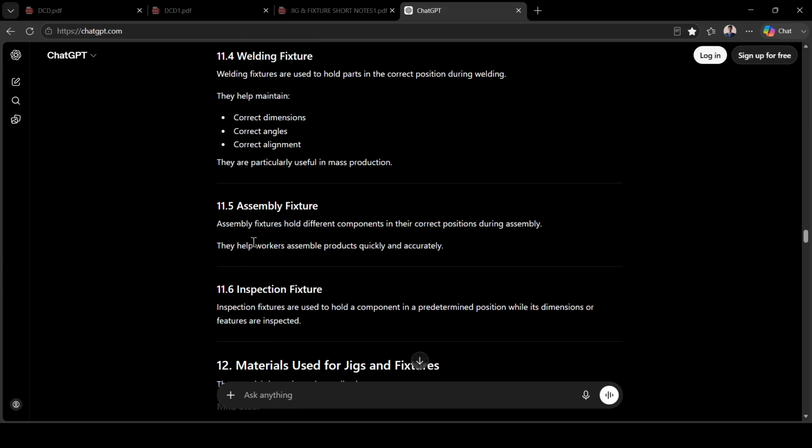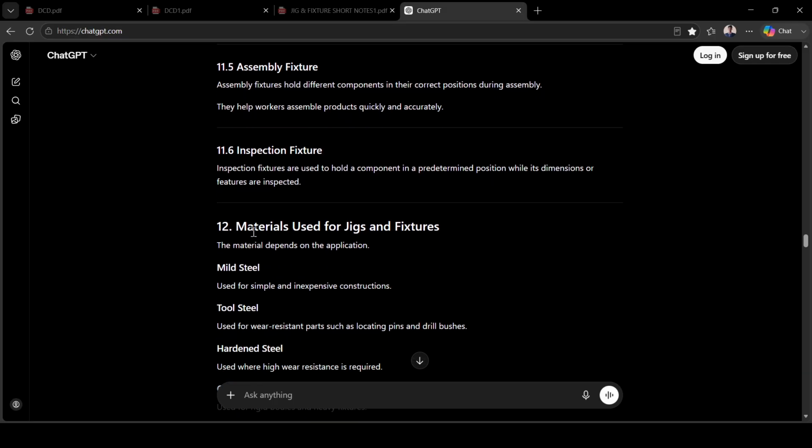Welding fixture. Welding fixtures are used to hold parts in the correct position during welding. They help maintain correct dimensions, correct angles, and correct alignment. They are particularly useful in mass production.